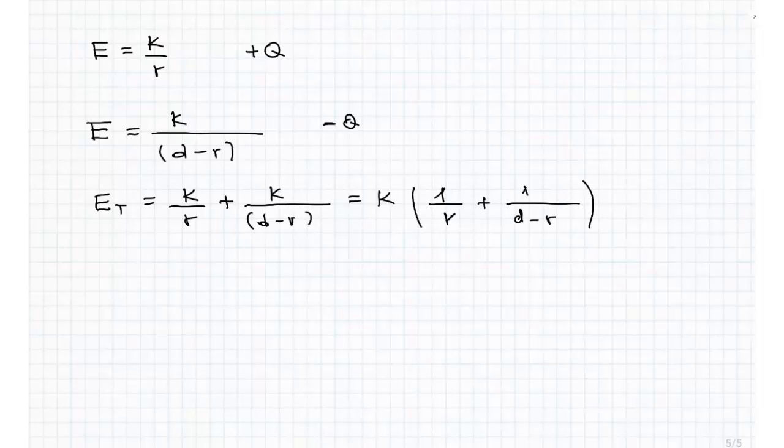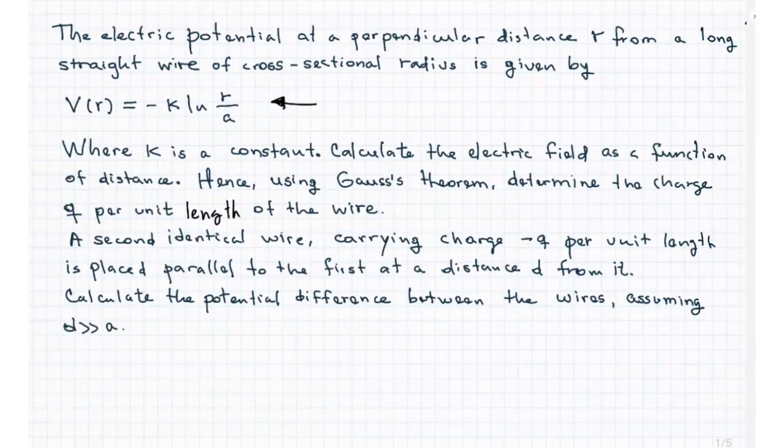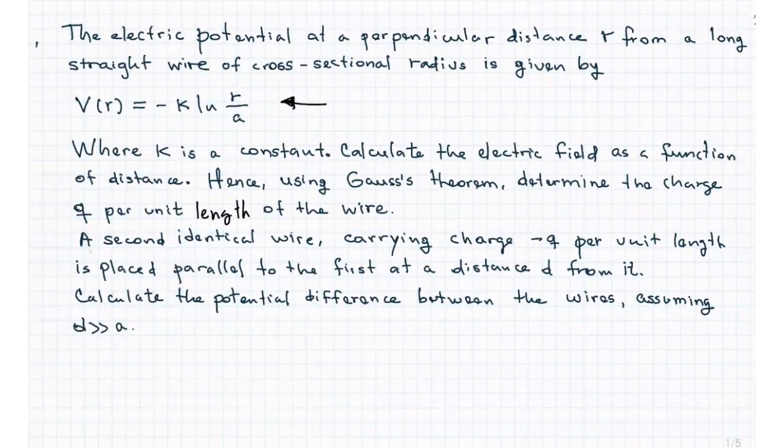It's because if we go to the problem, we have a second identical wire carrying charge minus Q per unit length placed parallel to the first at a distance d from it. Calculate the potential difference between the wires, assuming that d is much higher than a.